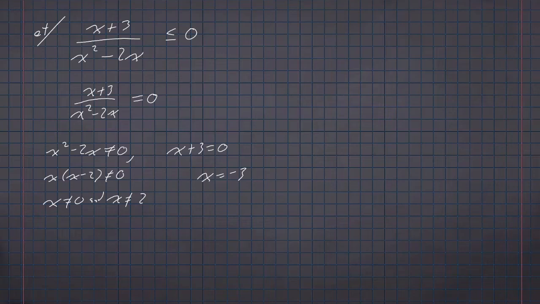So when we are looking at places where weird things can happen, we are looking at places where the function can be 0. We are looking at places where the function is undefined. And that gives us some regions that the number line is divided into.